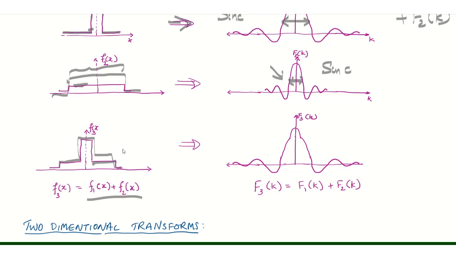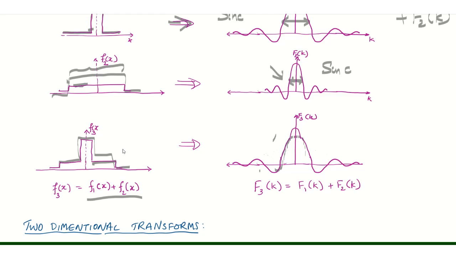Then what the property says is that the Fourier transform will only have the main lobe. This is the first one, and then it may be slightly different from this one because you are trying to add.